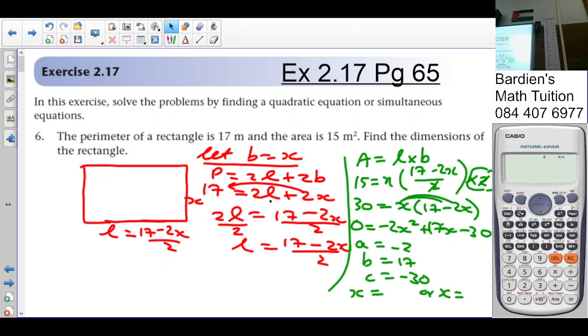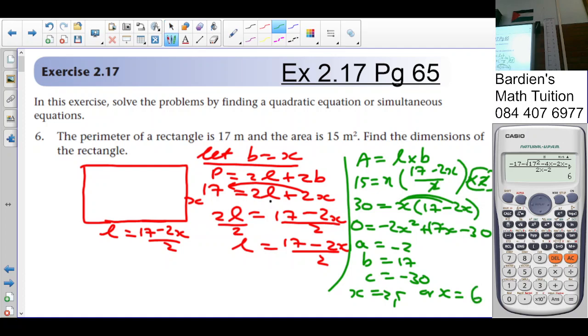When you put this in a calculator now, it's going to be minus b, so negative 17, plus or minus the square root of 17 squared minus 4a, which is negative 2, times c, which is negative 30, over 2a, 2 times negative 2. It's going to be 5 over 2, or 2.5, or 6.